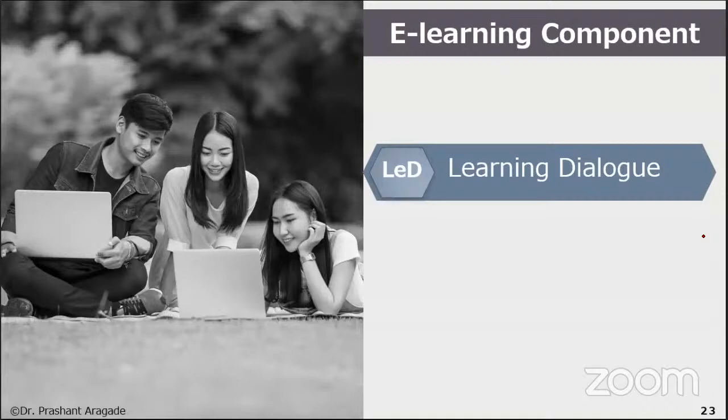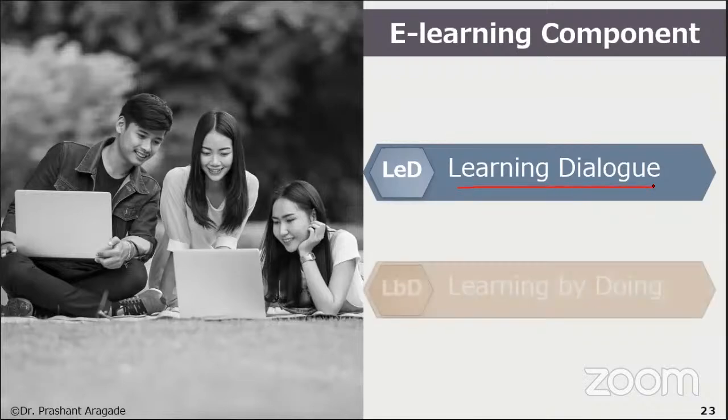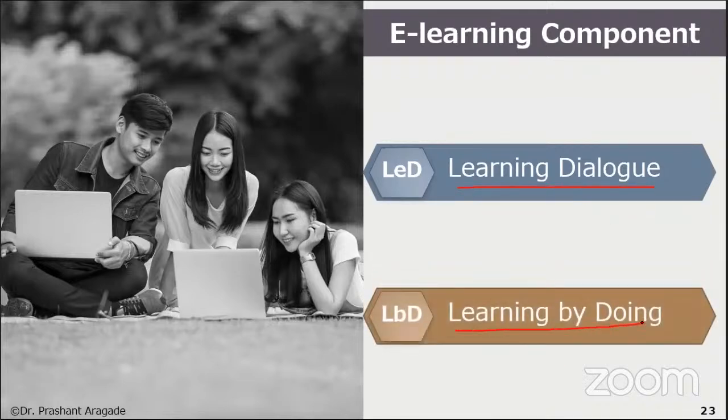So the first component is the learning dialogue, and another component is the learning by doing activity. Learning dialogue is nothing but the video, isn't it? Because through this dialogue, through this video, the learning can happen within the students. That's why it is named learning dialogue, and IIT Bombay professors have given the name LED, that is learning dialogue.